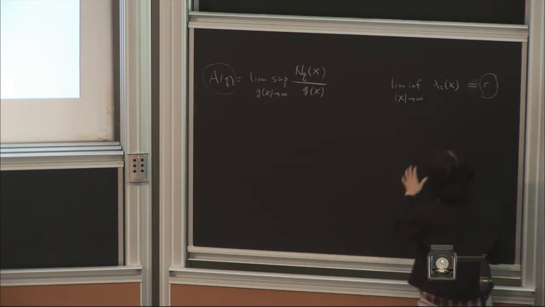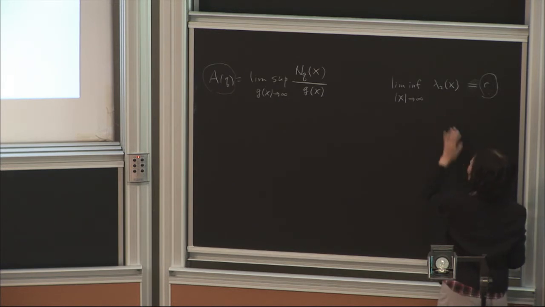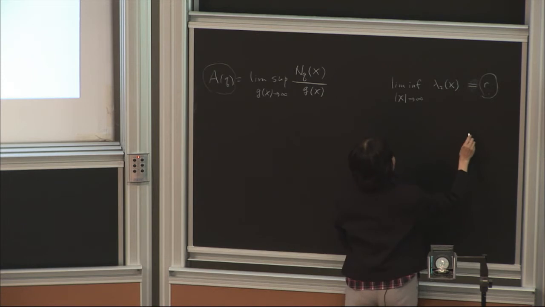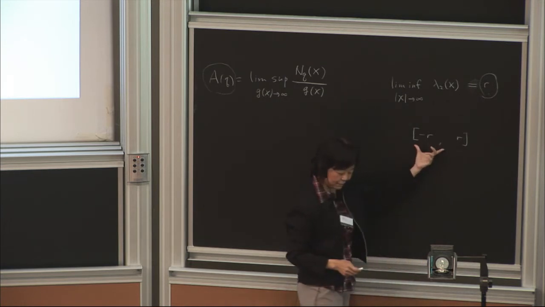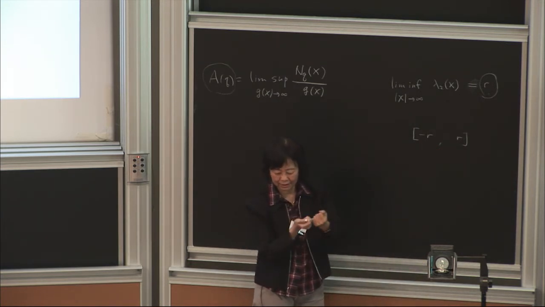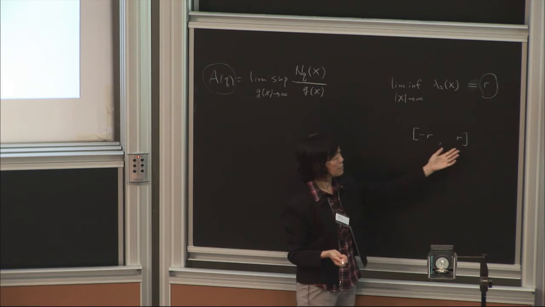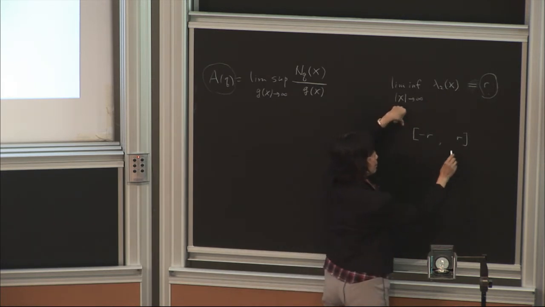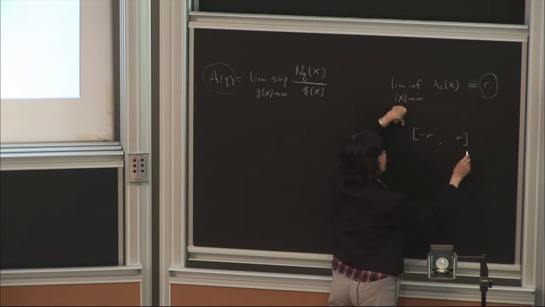What's special about the Ramanujan graph is that, so I'm doing this for the lim inf, this interval is the interval for the spectrum of the universal cover. The Ramanujan graphs are those graphs whose lambda 2 is on the left-hand side.